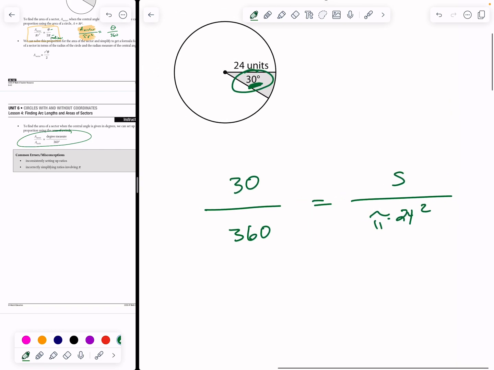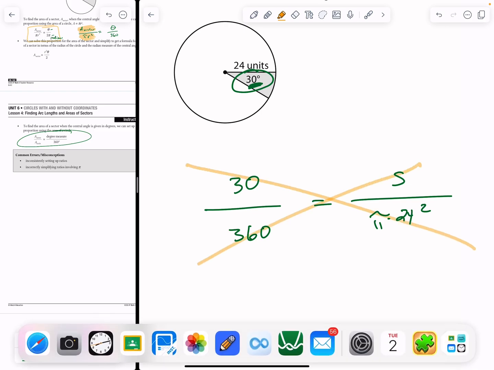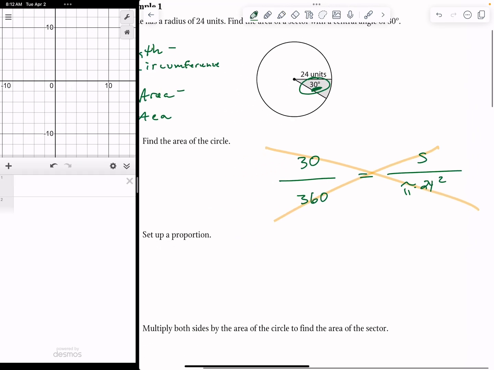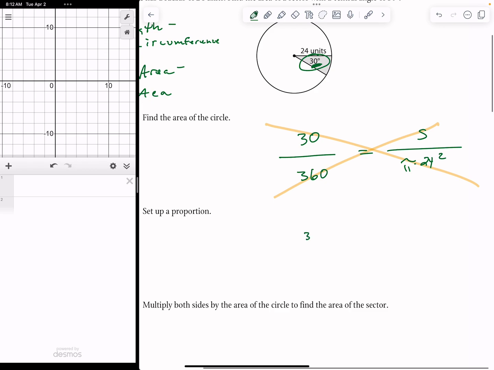Technically, when you cross multiply, you're doing 360S equals 30 times pi times 24 squared, and then you're going to divide by 360.